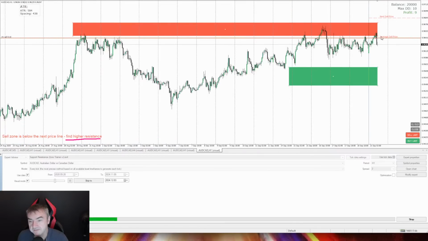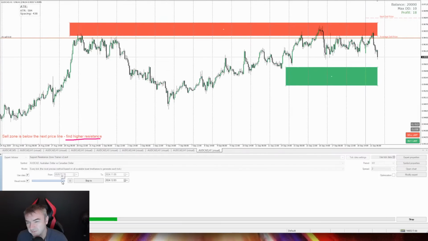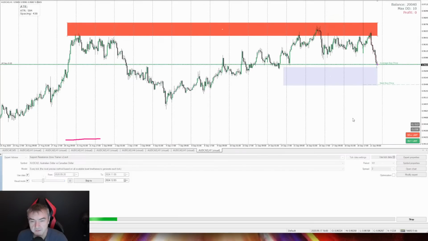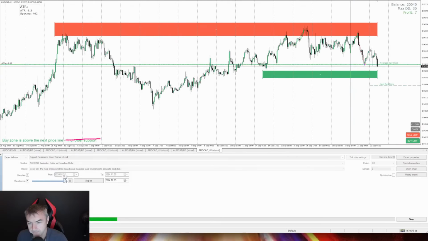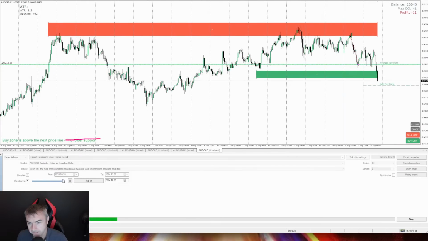But what will happen is if it does that, look, it doesn't go up, does it? It goes down. So let me do another one here above that level. Yeah, so now we've pushed down through the zone.